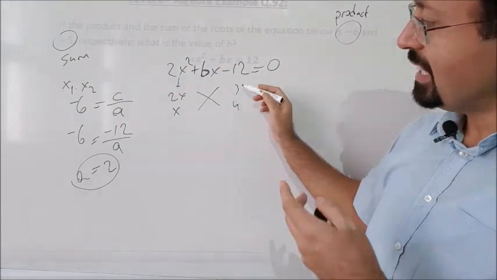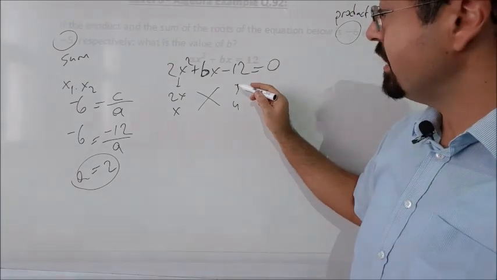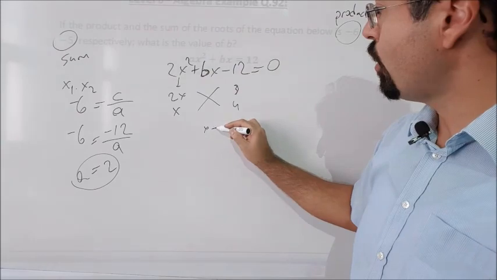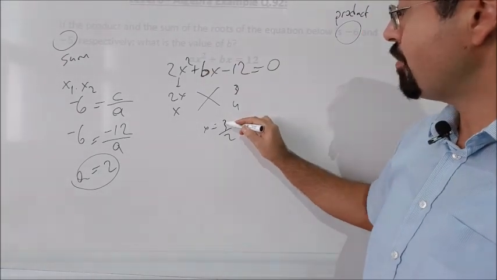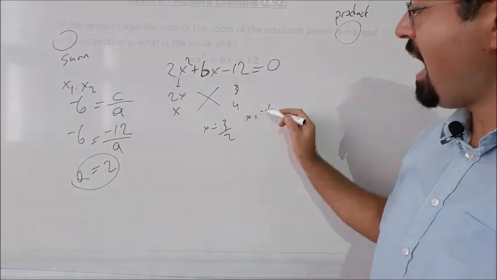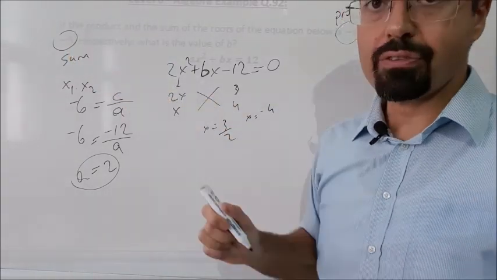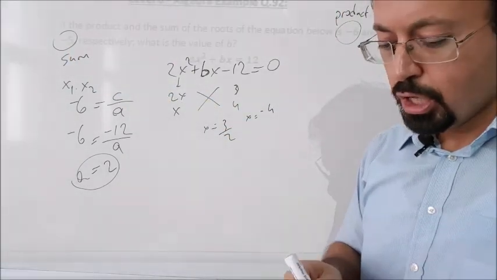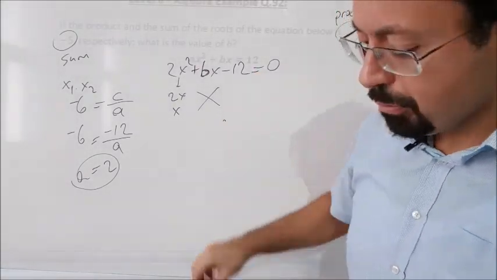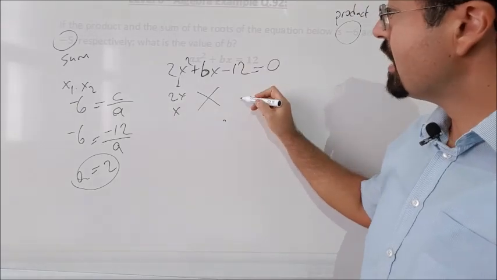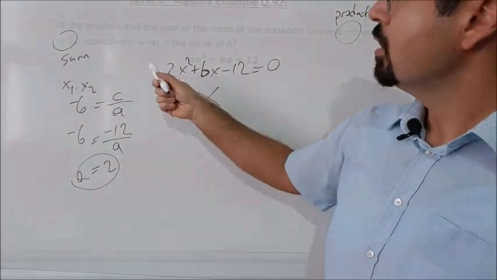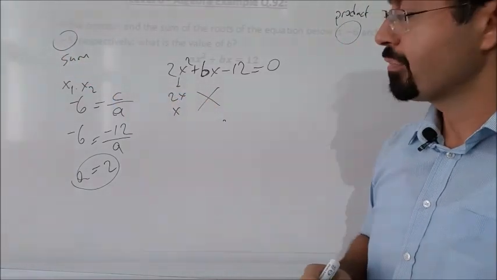Because if this is our solution, x is going to be 3 over 2, and the other x will be minus 4. So when you add those up, it's not going to be minus 5. So we have to give such two numbers that it will give us the sum of the roots minus 5.